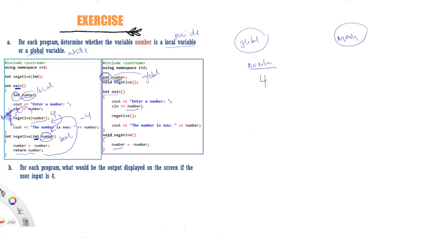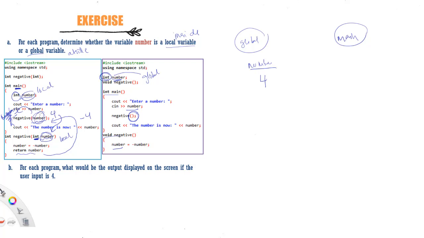All right, so after that we have stored 4. Okay, we call the function negative. If you take a look here, it is an empty parameter. Why is it empty? Because the function earlier declared its variable inside, so this function cannot access this variable.